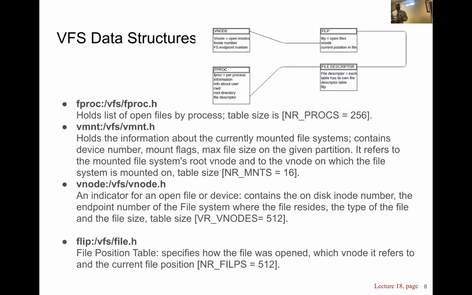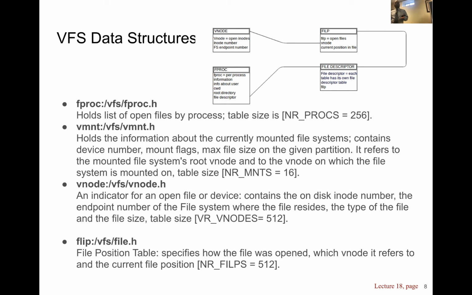The vnode data structure, as the name suggests, essentially is going to track all the inodes in your system. Okay, so essentially for every disk file, you are going to have an inode, and all of those are tracked in the vnode table. Okay.